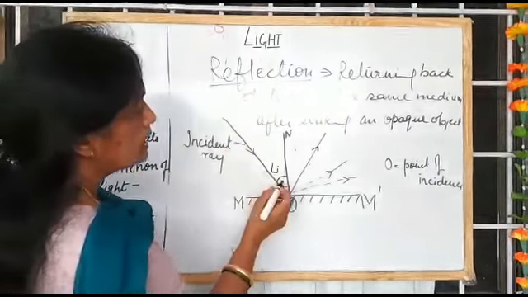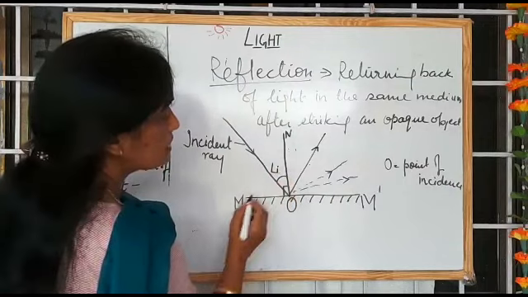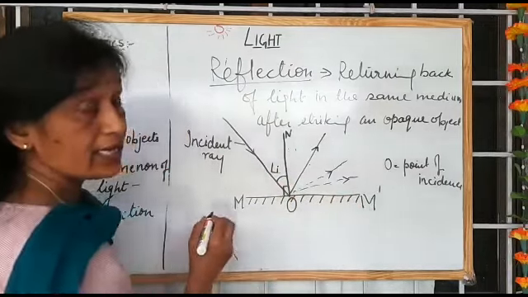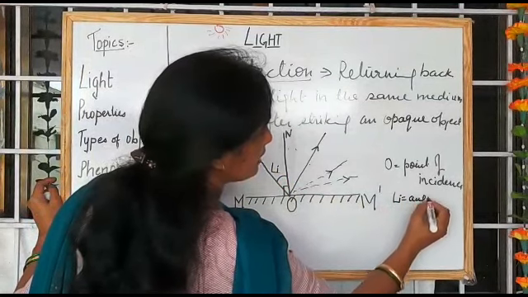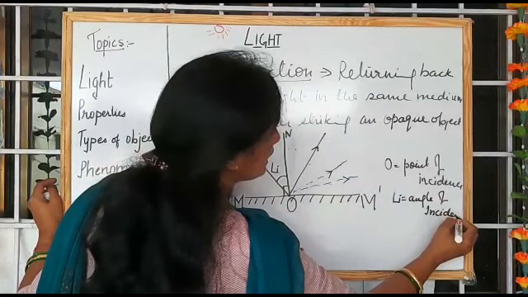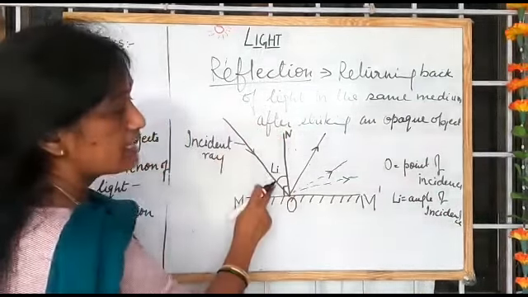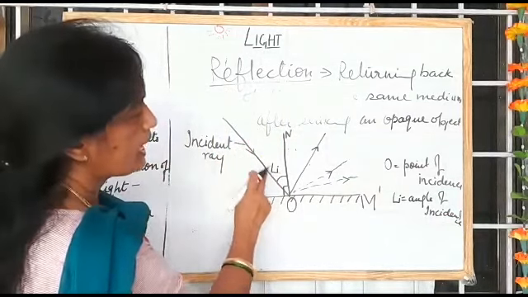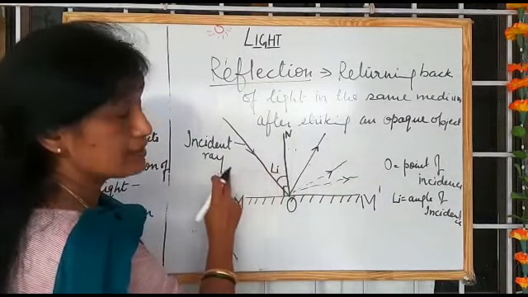The angle which the incident ray makes with the normal is called the angle of incidence. So what is angle I? Angle I is the angle of incidence.